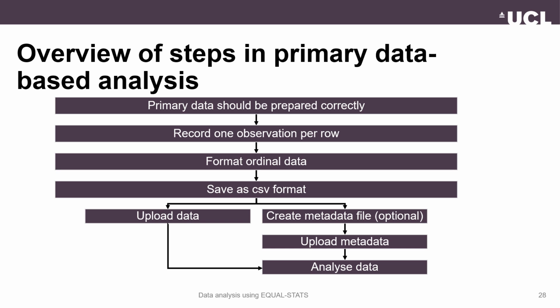A metadata file can be created and uploaded, but this is optional and depends upon the nature of the data. In the next few slides, we show how to process the data file.